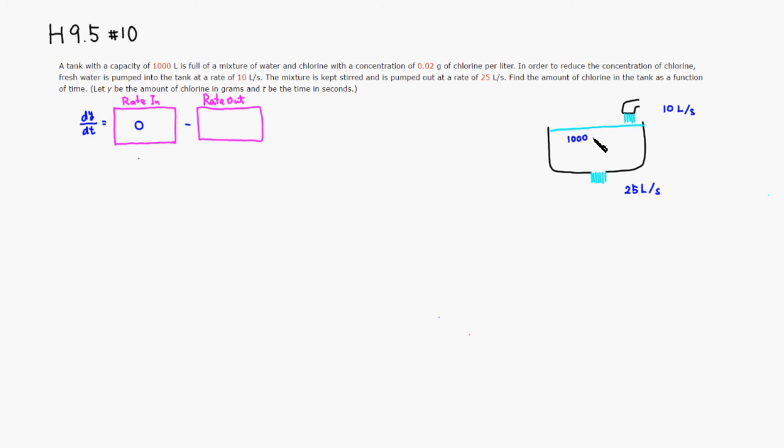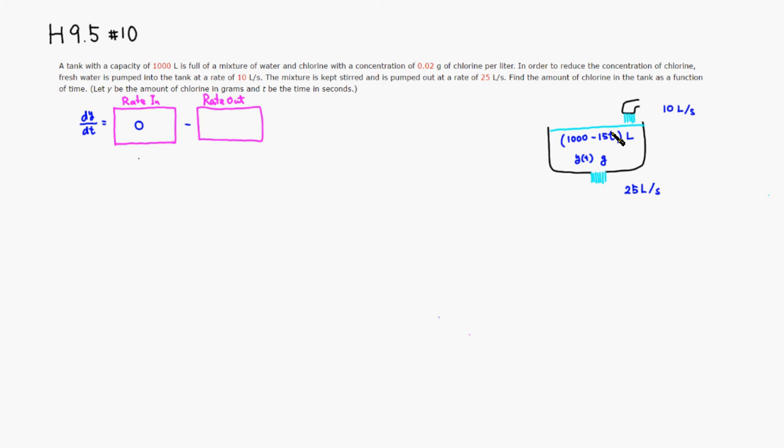So the amount of mixture is 1,000 minus 15t, in liters. The amount of chlorine in the tank would be y of t, in grams.